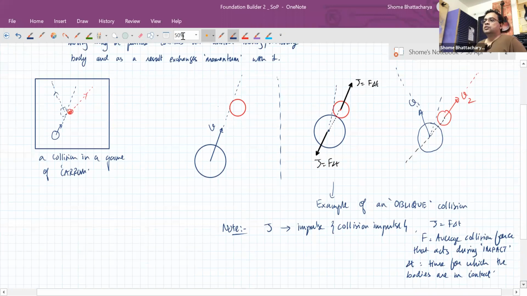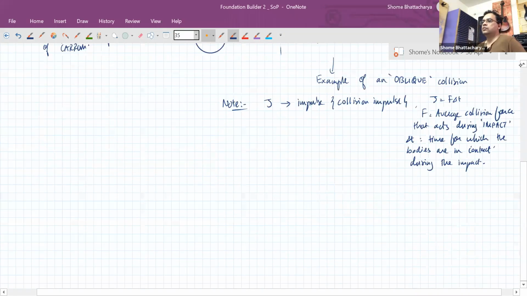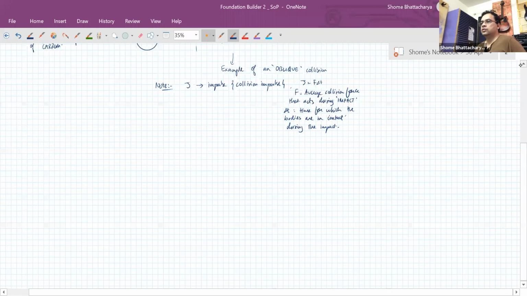Anyhow, you can just make a brief note of this part. Then we'll look at more examples of collisions.